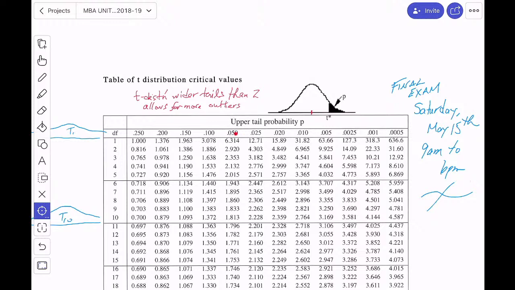The probabilities are up here, and the T scores are in here. The other difference is that the probabilities are the upper right tail probabilities. They're not the percentile, like in the standard normal table.